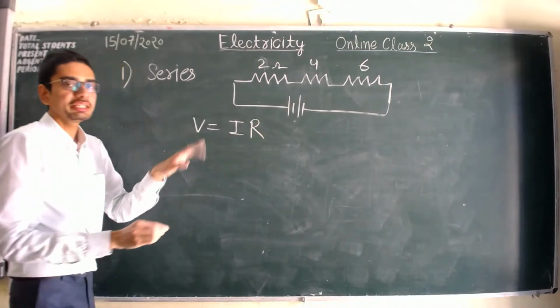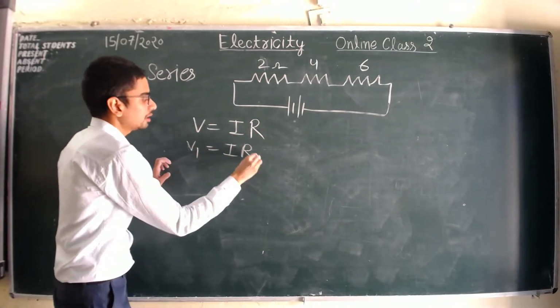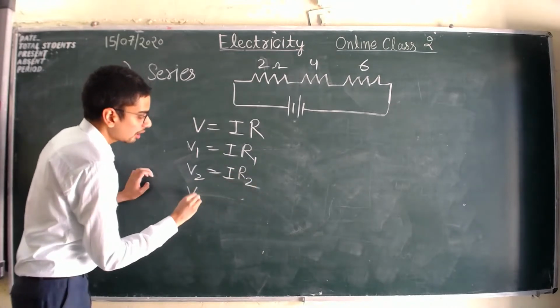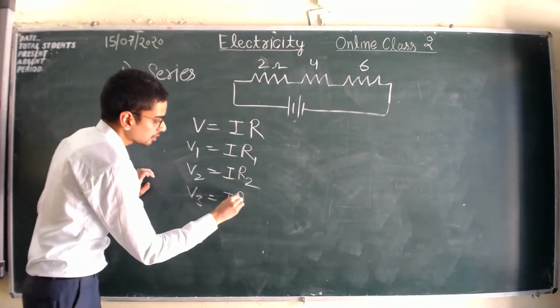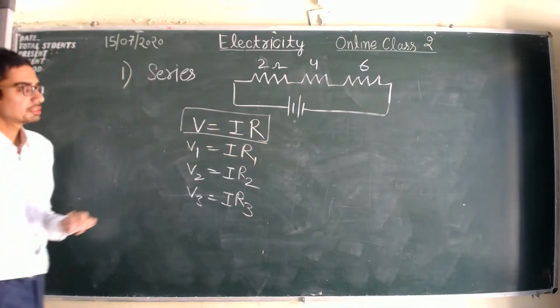Ohm's law एक्चुअली ये होता है और हर रेजिस्टेंस के लिए हमने ये लिखा है IR1, IR2, IR3। Okay, this is the total voltage.